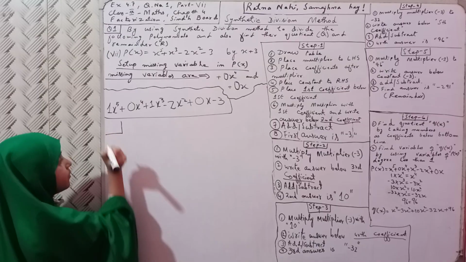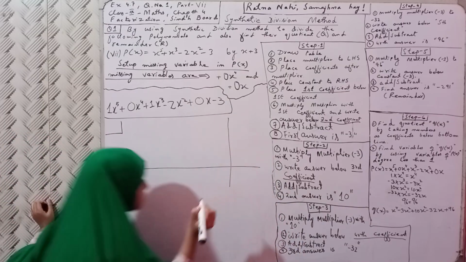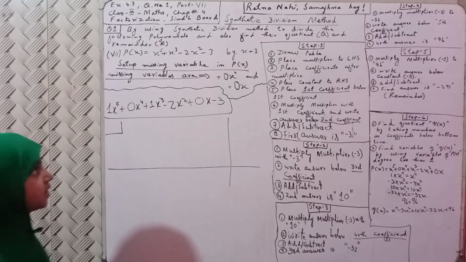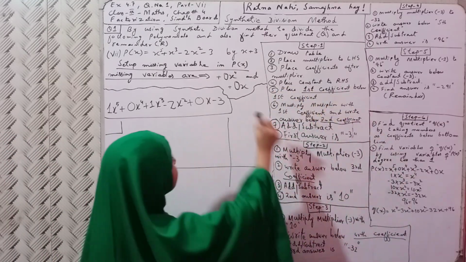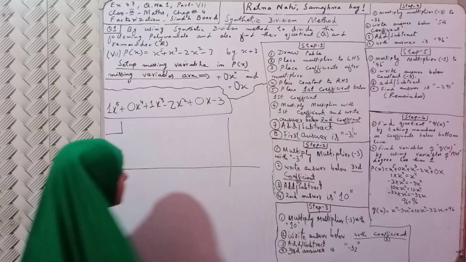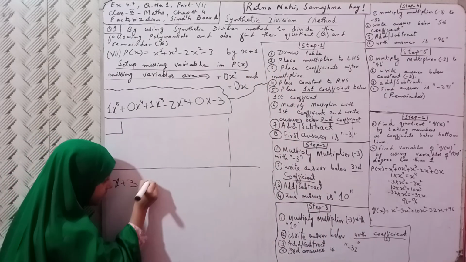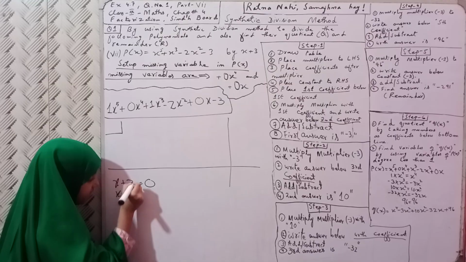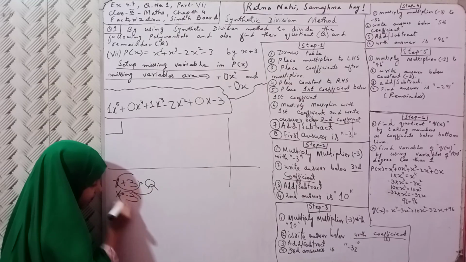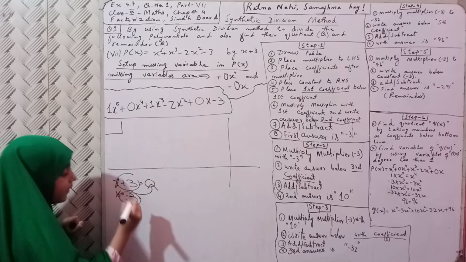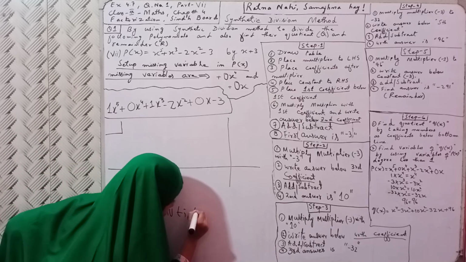Here we need to draw the table, but in a small way, as we do not have so much space. Draw the table, done. Now place the multiplier on the left hand side. This x plus 3, now you know x plus 3 is equal to 0, so x is equal to minus 3, and this minus 3 will become the multiplier.